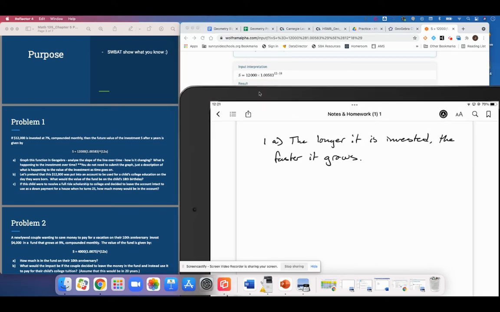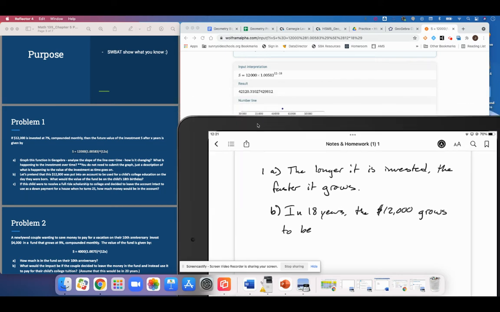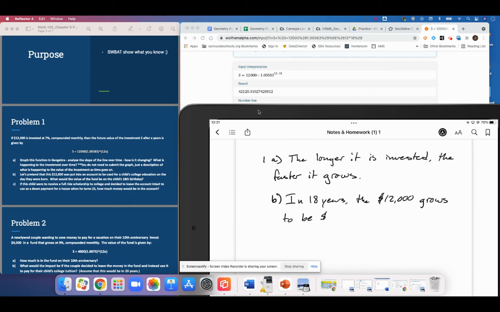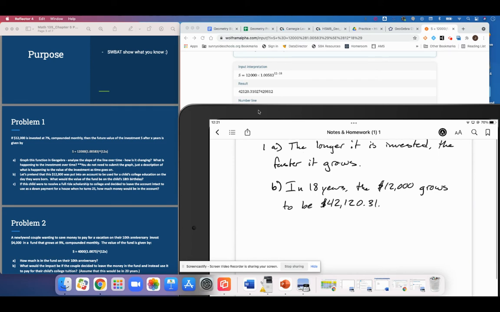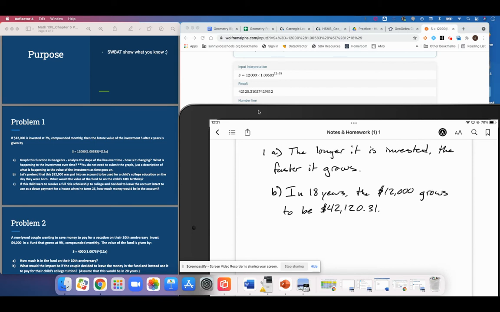So for part B, in 18 years, the $12,000 grows to be $42,120.31. That's pretty awesome growth. If you ask me, we more than tripled our money in 18 years for this person.